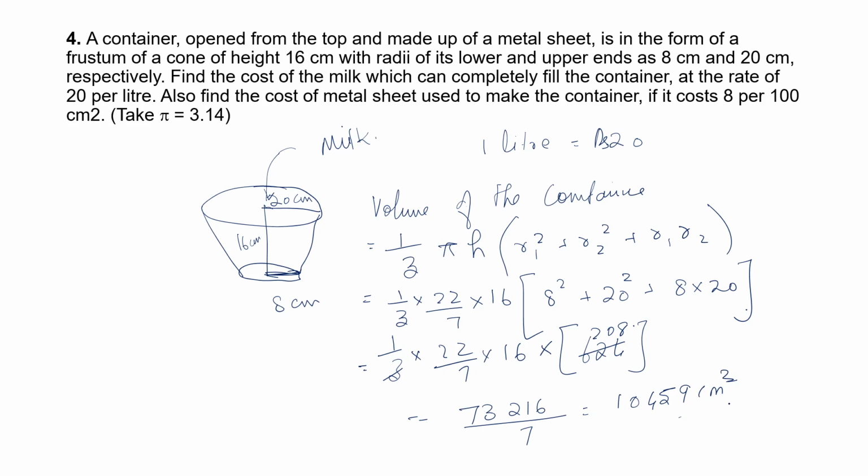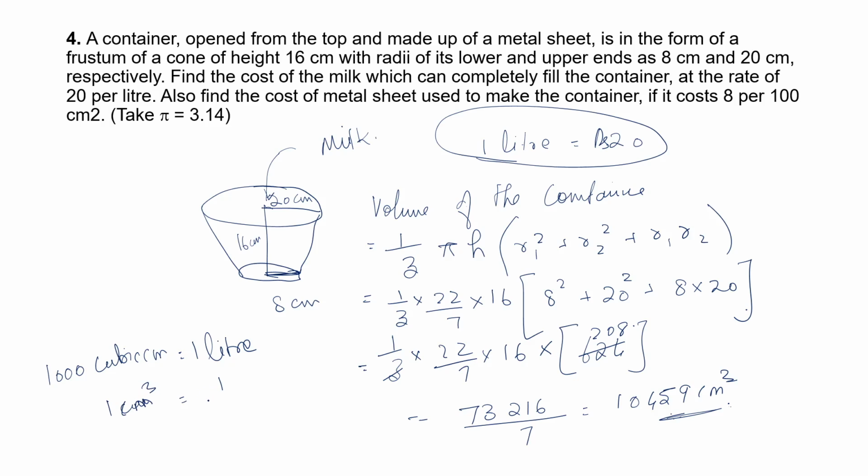Okay, the volume you are getting is in centimeter cube, but you have to compare it with the thing given in liters. So let us convert this centimeter cube to liters. What is the conversion? 1000 cubic centimeter is equal to 1 liter. So 1 cubic centimeter is equal to 1 by 1000 of a liter.